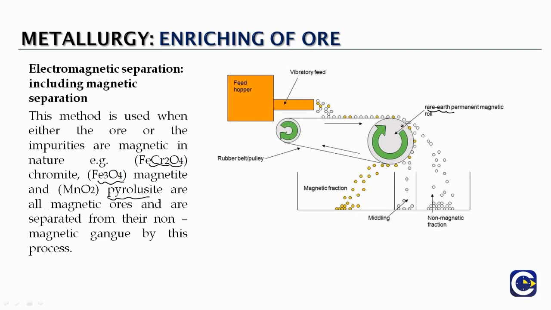Now what happens over here is the ore particles which have magnetic properties, which are marked here in the yellow color, they would get carried with the conveyor belt to a longer distance, since they are attached to the wheel because of the magnetic force, and they would only be falling off at the end of the wheel, since there is no longer the magnetic force over here in this region, so they will be falling over in this part.